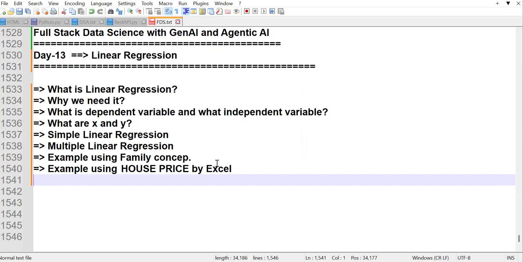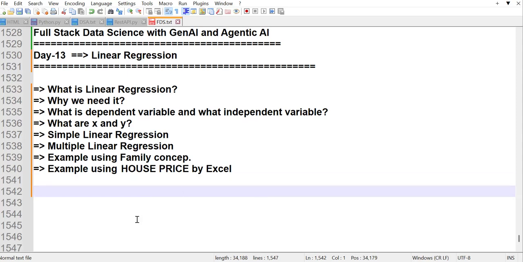So let's start today's lecture with a very basic concept. Then we will deep dive into the linear regression concept, because revision is one of the important things. I make sure you can revise all the things whenever we step onto another step.